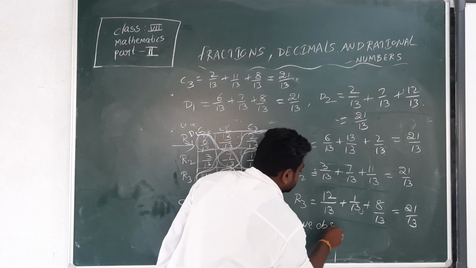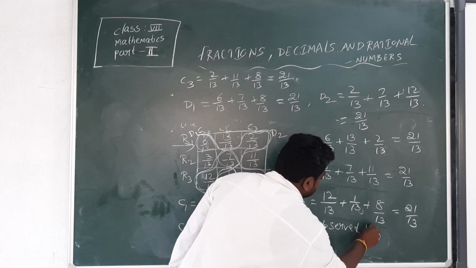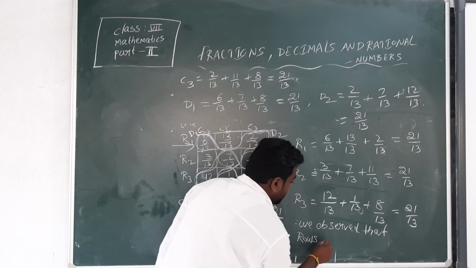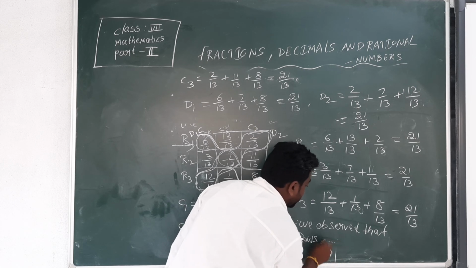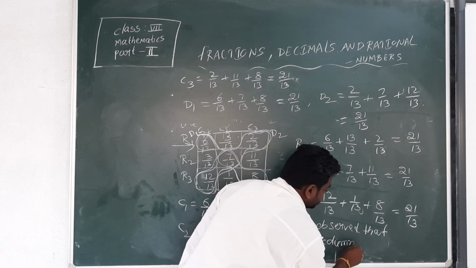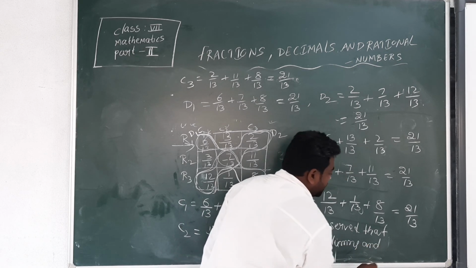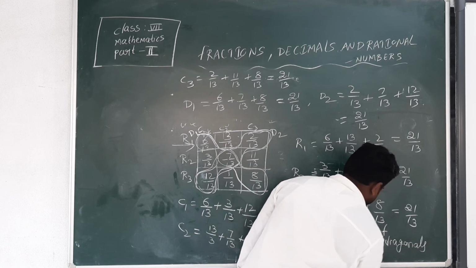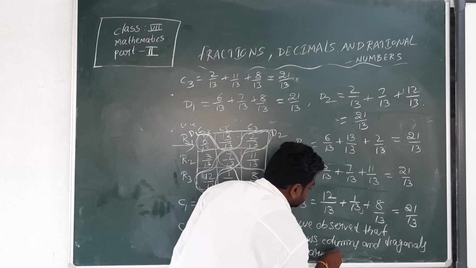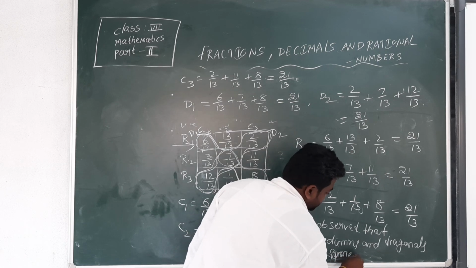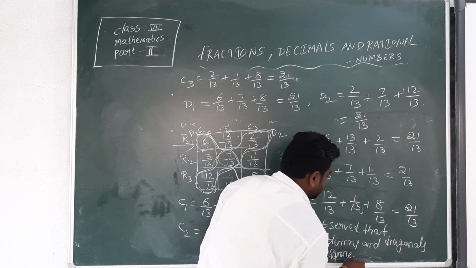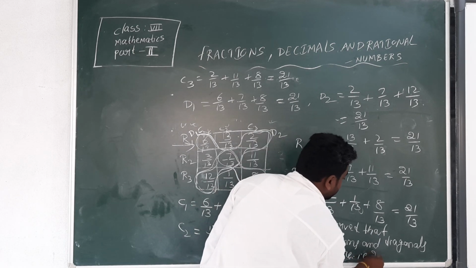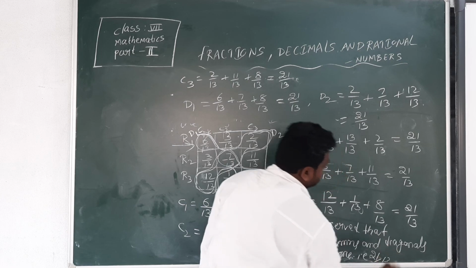We observe that rows, columns and diagonals are the same, that is 21 by 13.